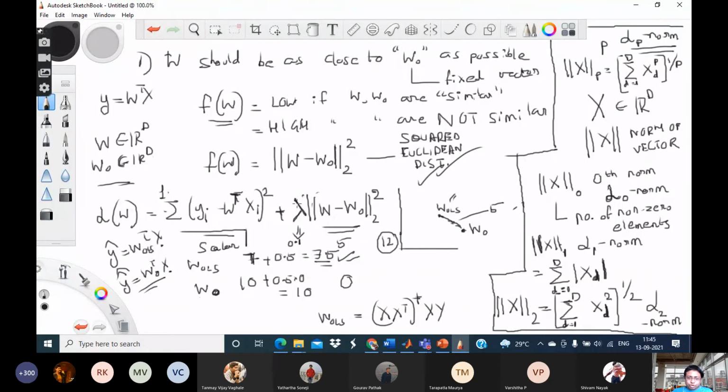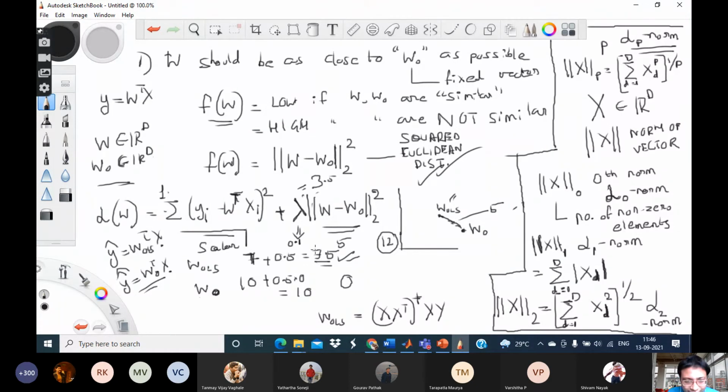What does that mean? I may make lambda less than 1, which will mean that this is less important to me than the fitting of the data, or I may make lambda greater than 1, say 3.5 or something like that, which will mean that making W closer to W naught is more important to me than fitting the data.